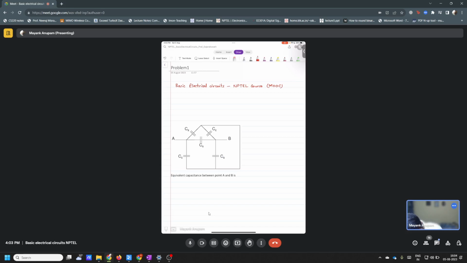The course is taken by the instructor, Dr. Gajendranath Chaudhary, who is from IIT Hyderabad.